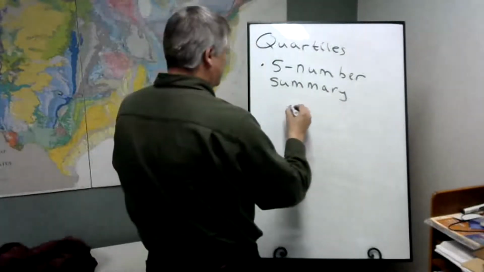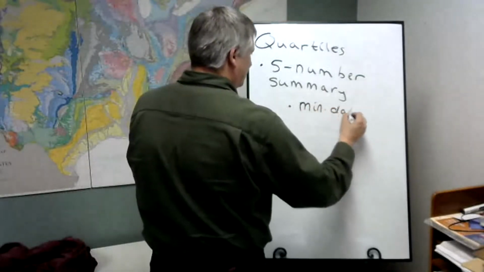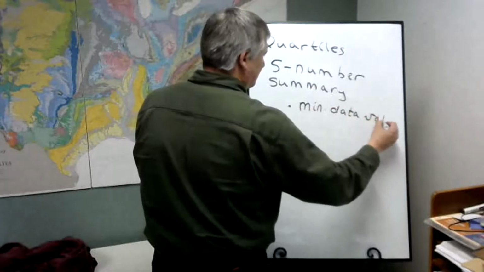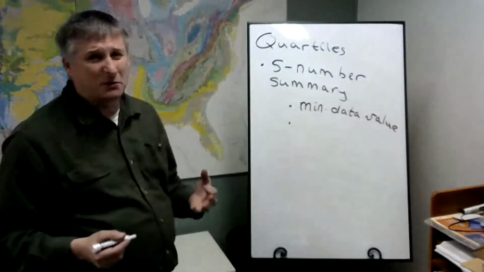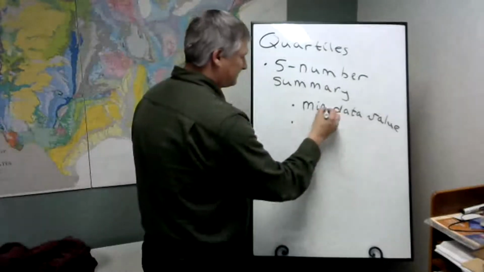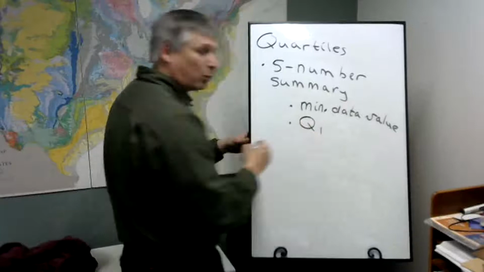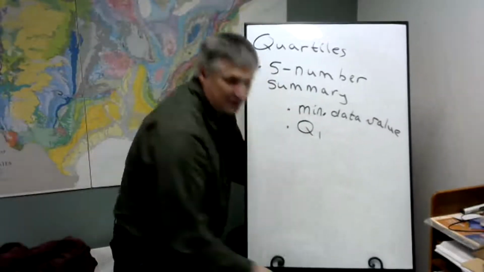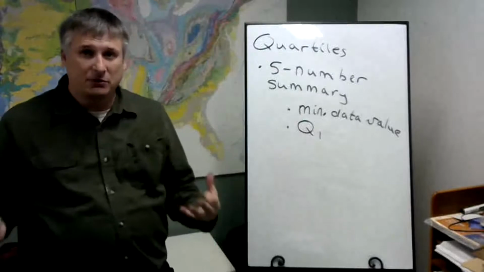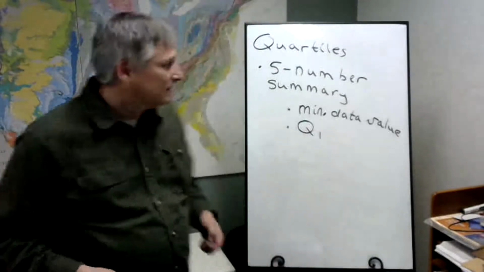The first number is the minimum data value, whatever the smallest data value is. The next one is the first quartile. Now that could be a data value. It could be some value that was the average of 2 data values. Again, it depends what L did.